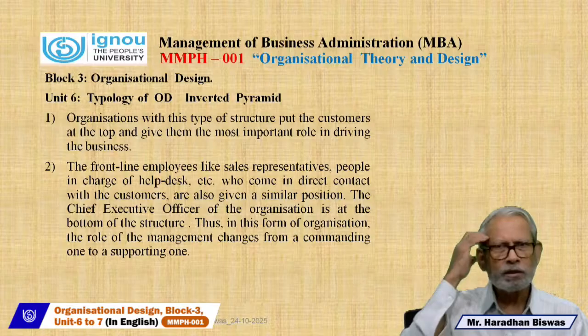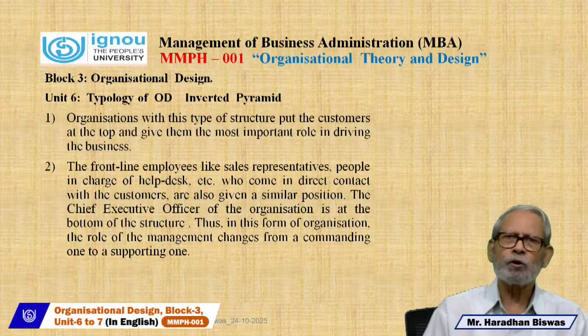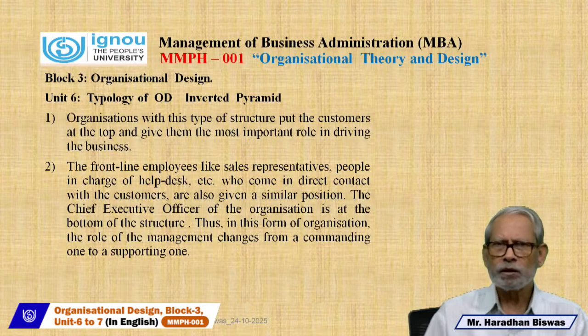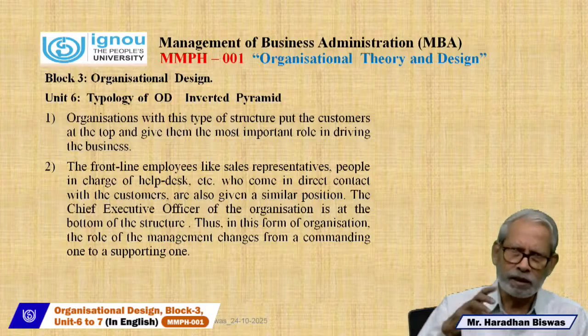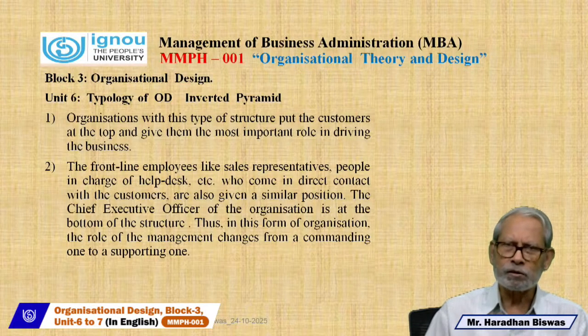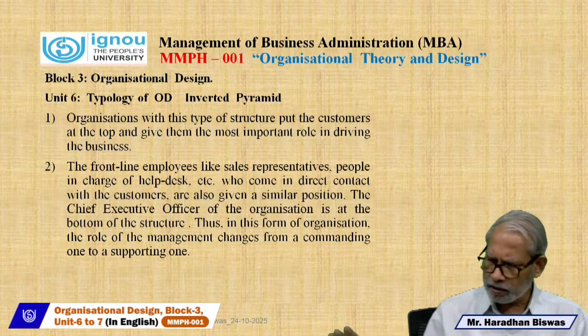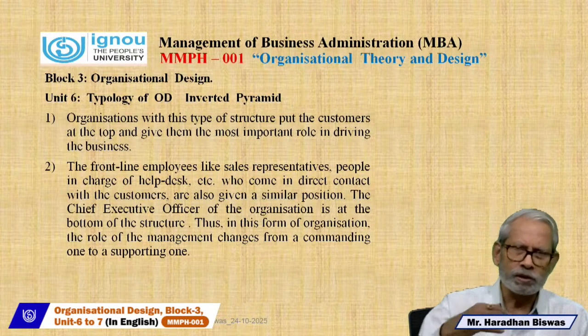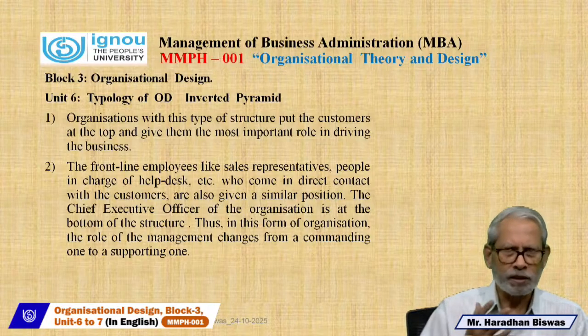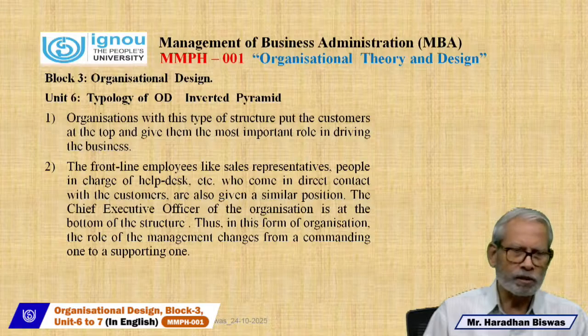This pyramid is basically for BPOs, this type of customer relations oriented, public oriented department offices. In this type of structure the customers are on top, and whatever the ideas, dealing, everything, decisions are taken by the frontliners. So it is important in driving the business.